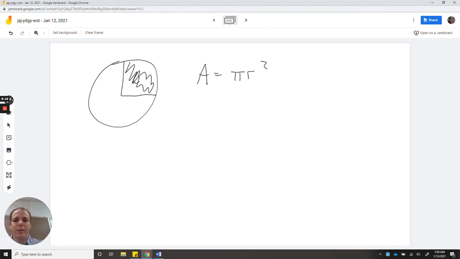How would I find just that much of the circle? What fraction is that? Now, you're probably not saying it out loud, and even if you are, I can't hear you. So the area of just that sector is going to be pi r squared, that's 1/4 of the circle, times 1/4. Now you may be saying, I'm just going to divide it by 4. That's the same thing.